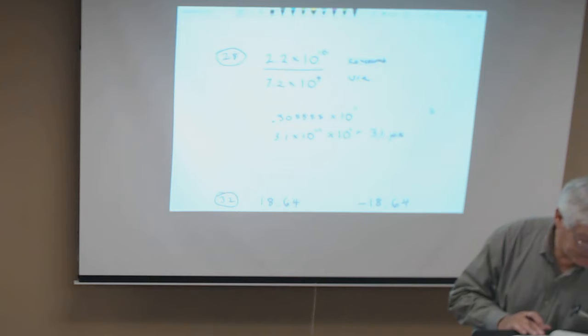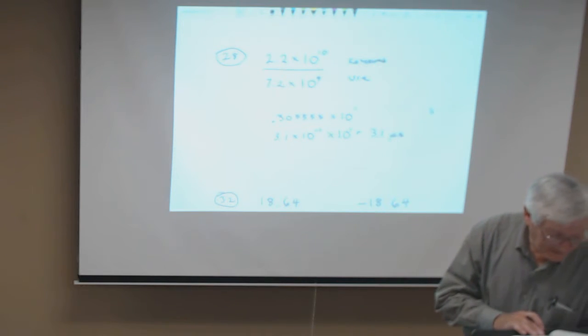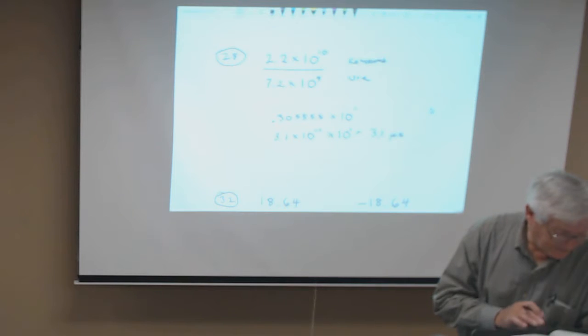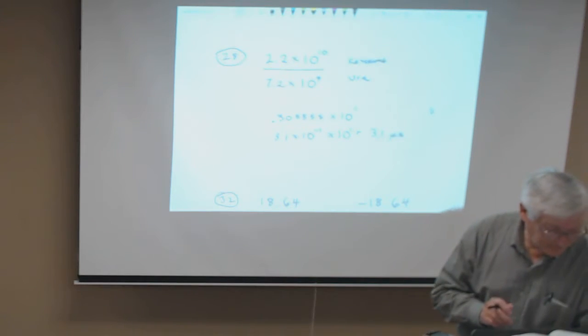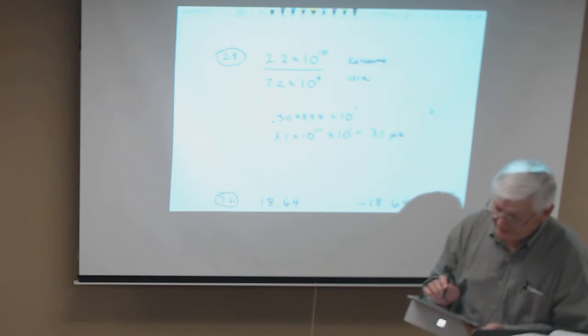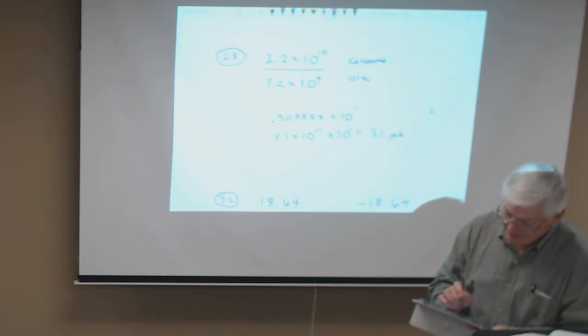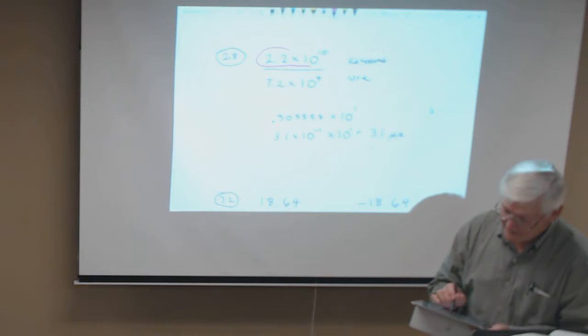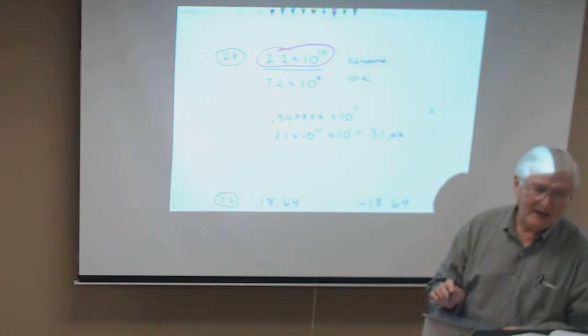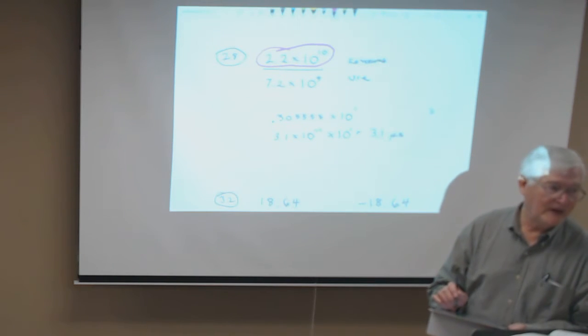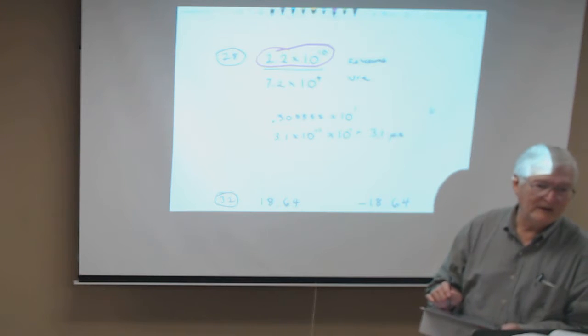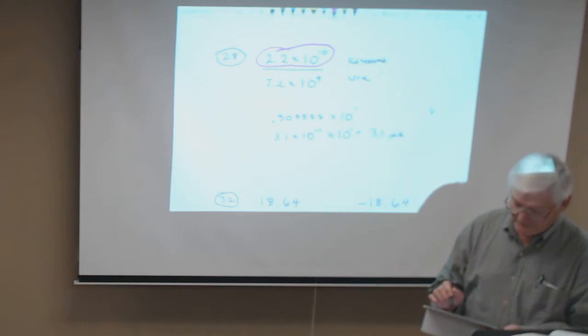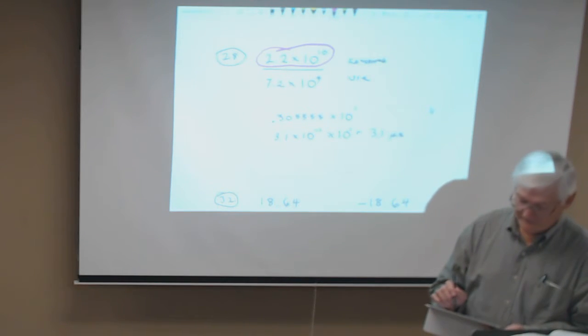Problem 28. How many meters per second is that? Oh, that's 27. 28. The U.S. oil reserves are estimated to be 2.2 times 10 to the 10th. That's this number right here. That is supposedly how much oil we have underground waiting to be pumped out of the ground and used for gasoline to make our cars go.